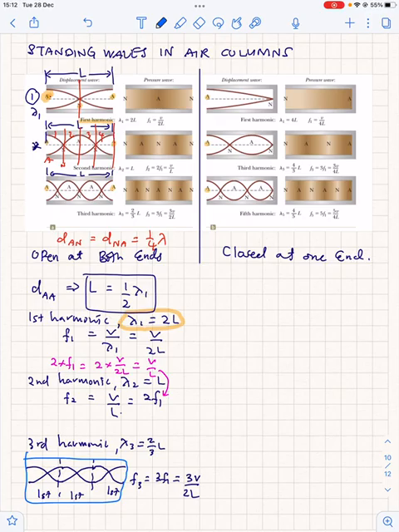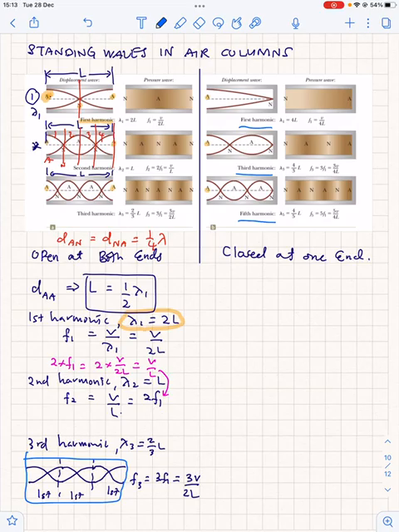But this one is a little bit different here. For open at both ends, all harmonics are present. Unlike closed at one end, we have only odd harmonics present. This is the first harmonic, the fundamental, and then the second consecutive one will be the third harmonic. The third consecutive will be the fifth harmonic.